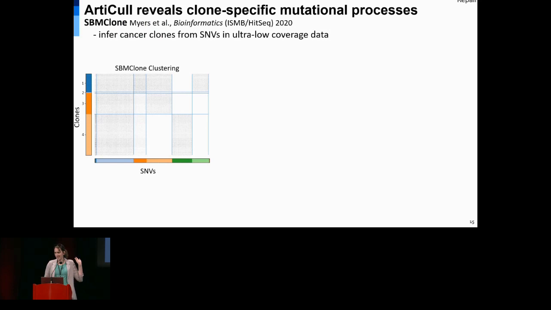This was actually presented at HiTSeq 3 years ago. And we used it to cluster the SNVs in this data and identify clones. Before filtering, SBMClone essentially picked up no signal in this data, but after filtering, it's able to identify what we can see as a nice block structure, which is consistent with what we'd expect in a real clonal structure.